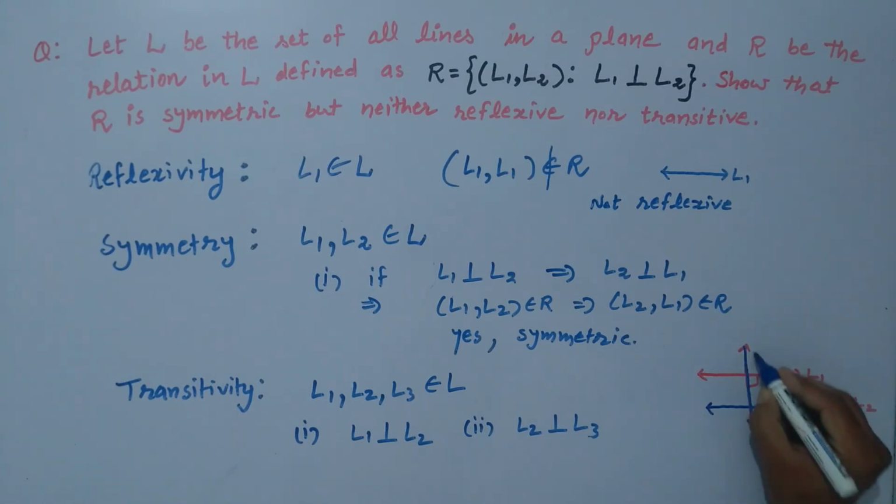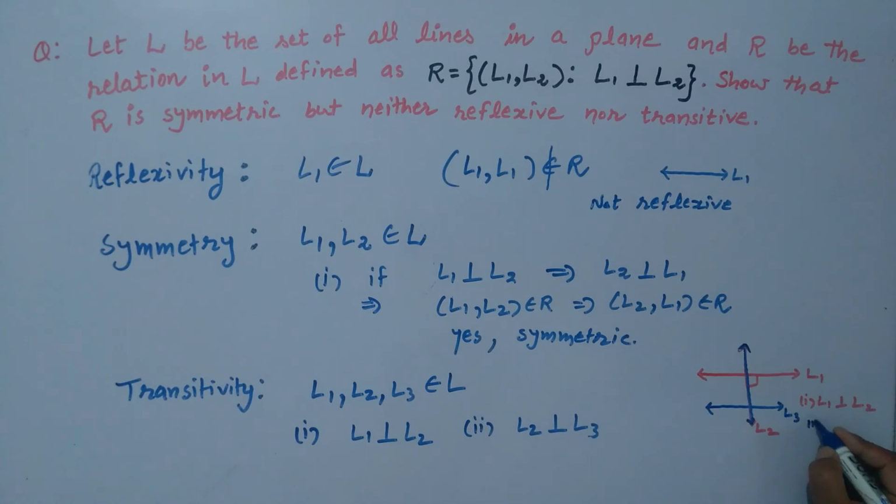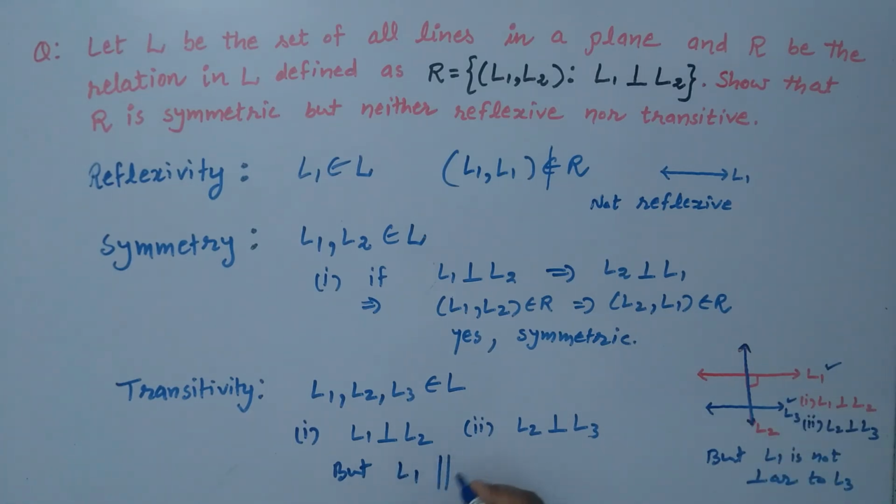This is L2. So number two, L2 is perpendicular to L3, but we see that L1 is not perpendicular to L3, because where is L1? This is L1. Where is L3? L3 is this. But L1 is parallel to L3, not perpendicular.